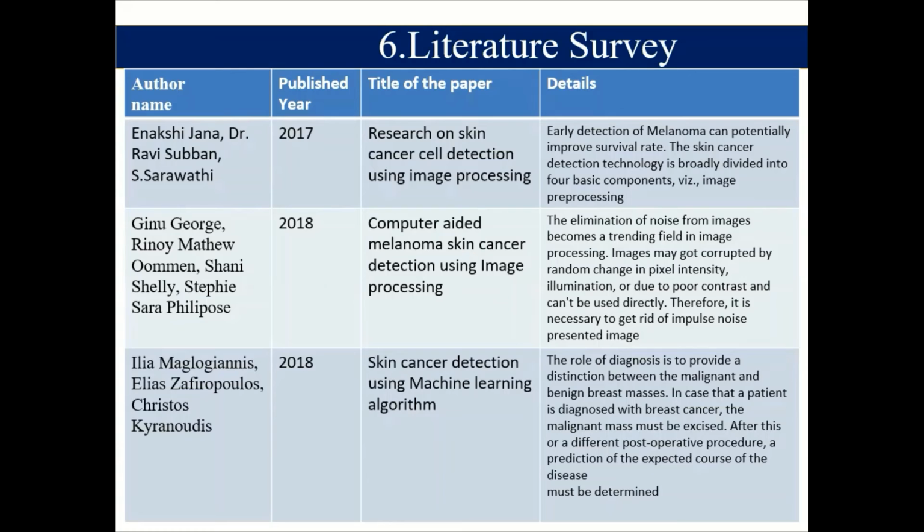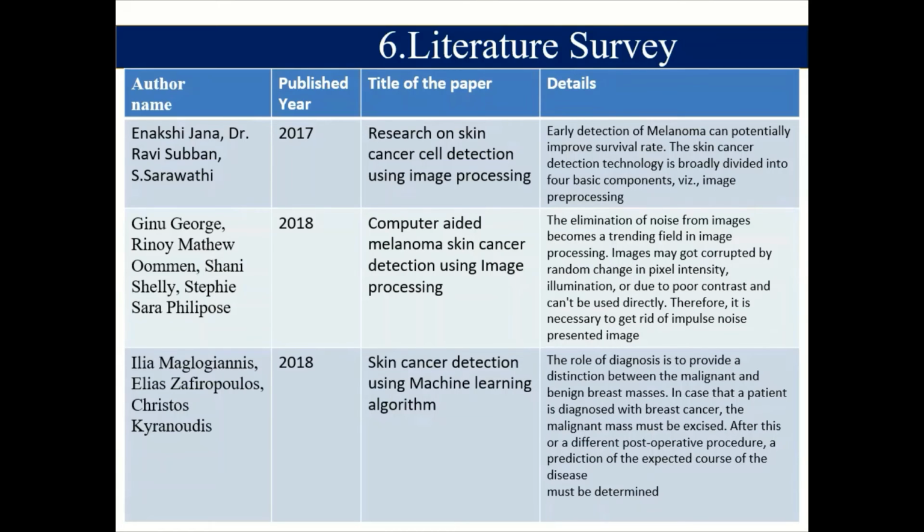The second one was published in the year 2018, by Gino George, Renoy Matthew, Oman, Shani Shelley, and Steffi Sarah Philosophy, titled Computer-Aided Melanoma Skin Cancer Detection Using Image Processing. They made use of a lesion image analysis tool to check for various melanoma parameters like asymmetry, border, color, and diameter. This is called the ABCD rule. These features are later used to classify the image into cancerous or non-cancerous cells.